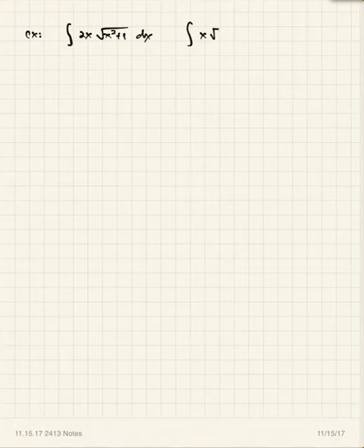These 3 problems are like this. 2x times the square root of x squared plus 1 dx, and then I want to look at x times the square root of x squared plus 1 dx, and then finally just the square root of x squared plus 1 dx, like that.